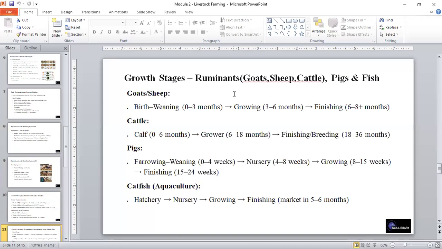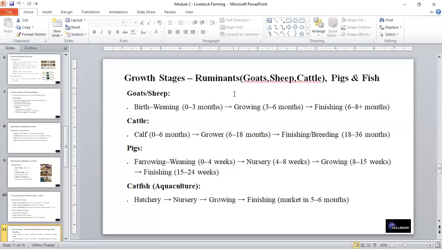For the pigs, we call the younger ones the farrow piglets. The farrowing period to weaning period is 0 to 4 weeks, while the nursery period is 4 to 8 weeks, and the growing period is 8 to 15 weeks, while the finishing period is 15 to 24 weeks.